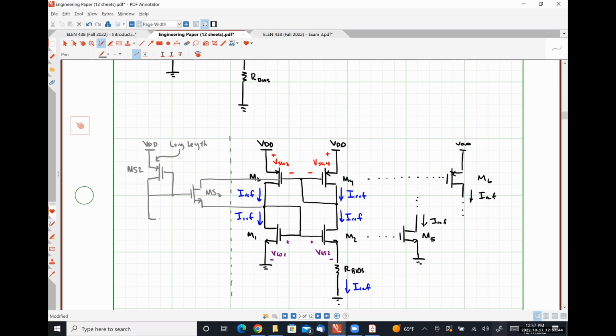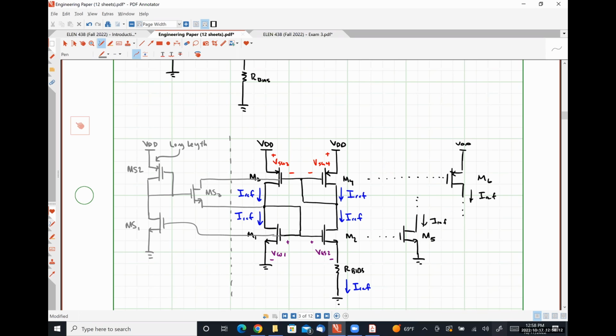And then down here, we have an NMOS transistor that is a standard size, and its gate is tied to the gate of M1. Let's call this MS1.